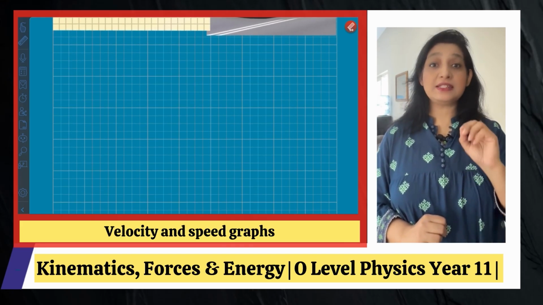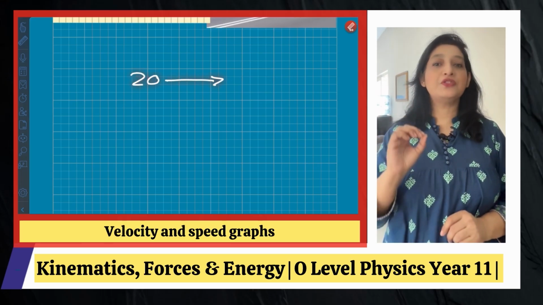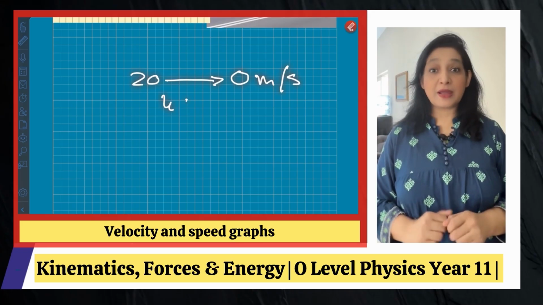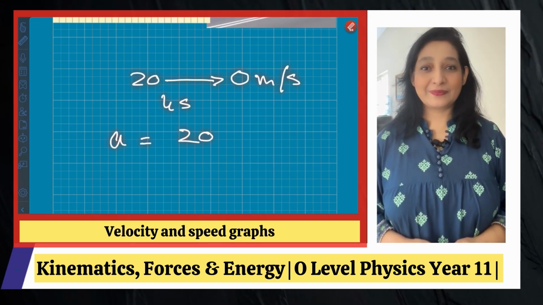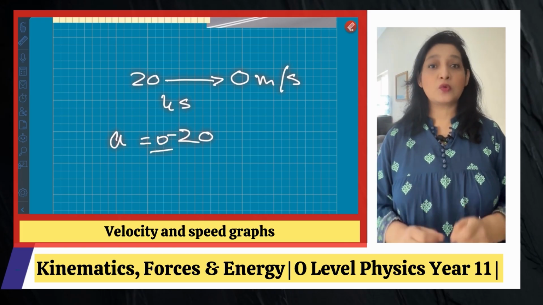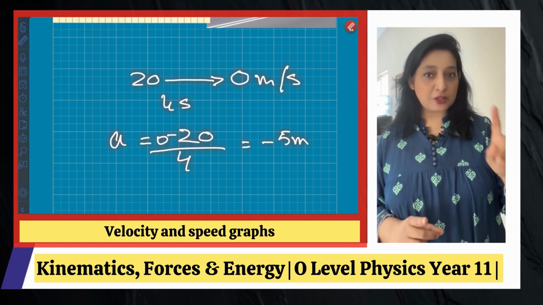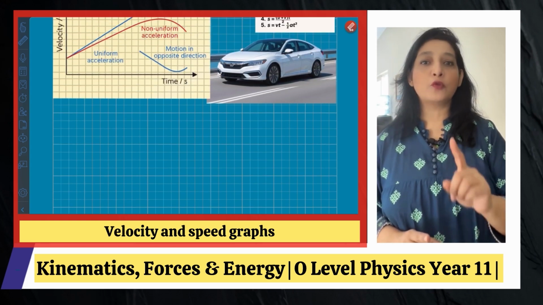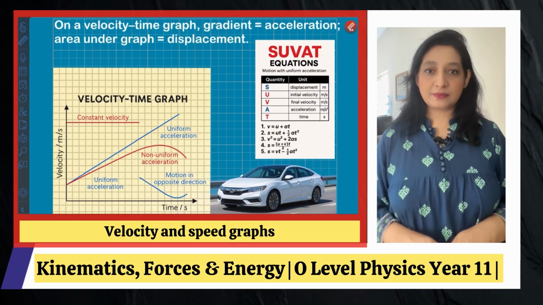If velocity decreases from 20 meters per second to 0 meters per second in 4 seconds, the mathematical terms are showing on the screen. Area under the line is equal to half multiplied by (20 plus 0) times 4, that is equal to 40 meters displacement before stopping.